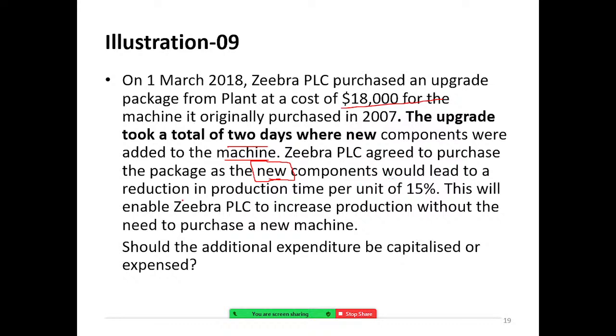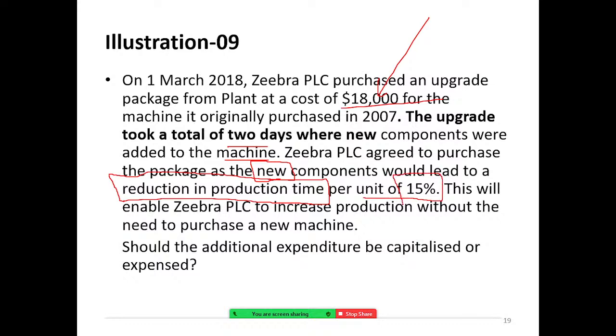It would lead to a reduction in production cost. Once they fixed the new component to the existing machine, they can reduce the production cost. The new component leads to a reduction in production time, so it will save cost. The reduction in production time per unit is 15%, a significant amount.